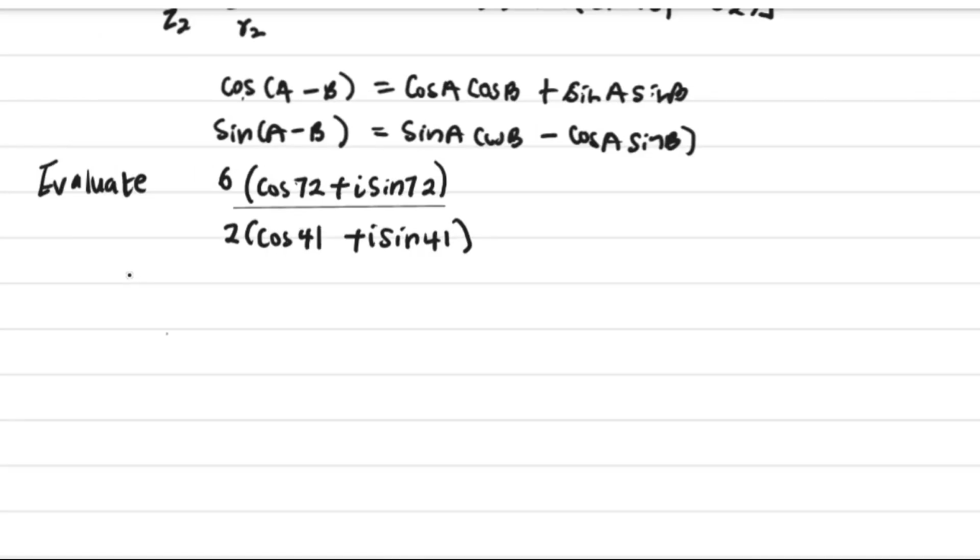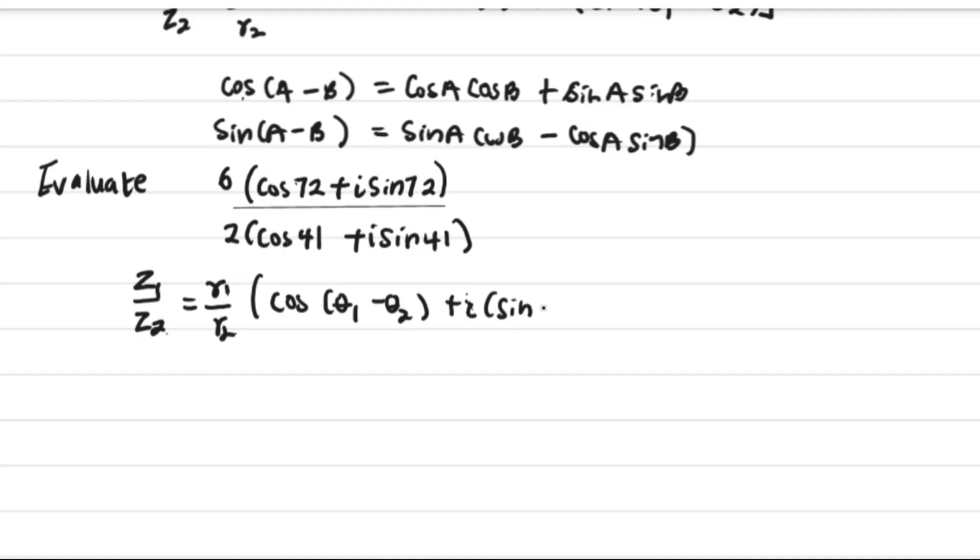So we have derived the formula already to be Z1 over Z2 is equal to R1 over R2 open bracket cos theta 1 minus theta 2 plus i sine theta 1 minus theta 2.